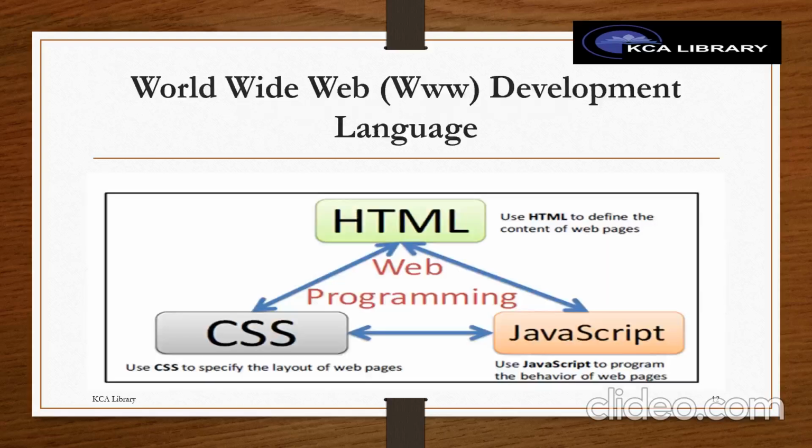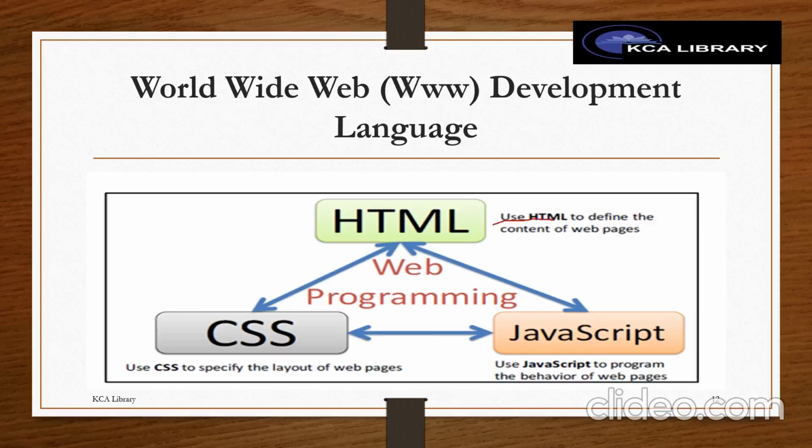Then we have the World Wide Web development languages, which include HTML, CSS, and JavaScript. These languages are basically used to create web pages or websites. So we have HTML.